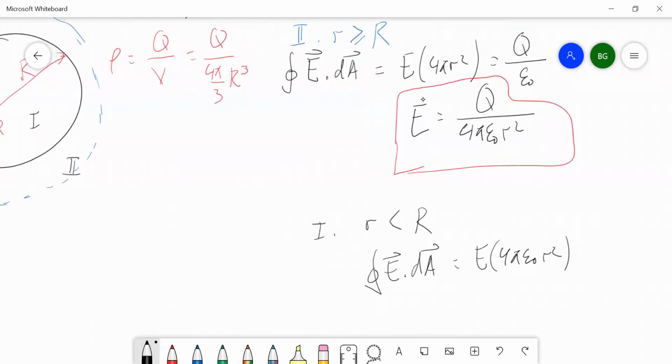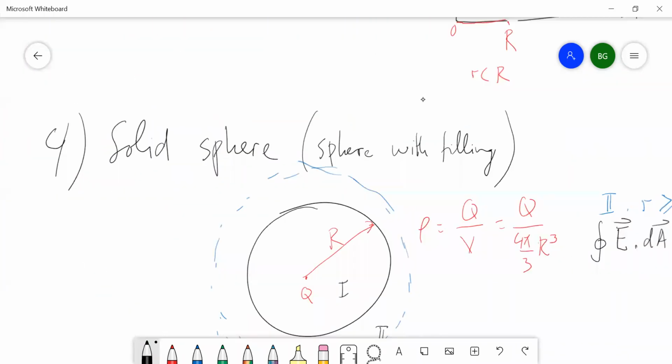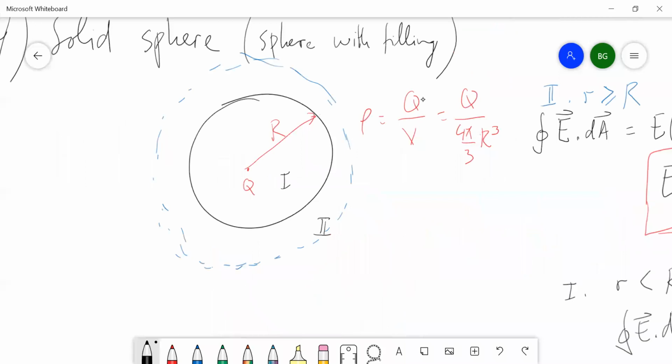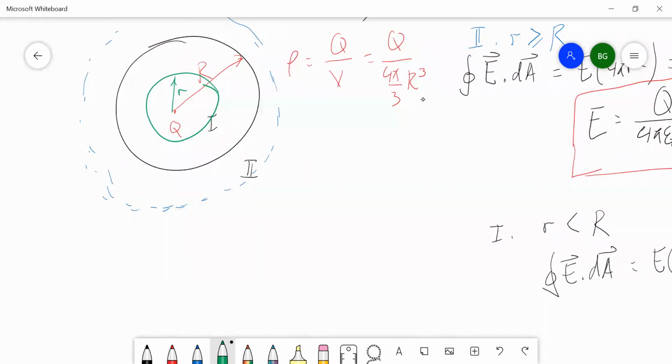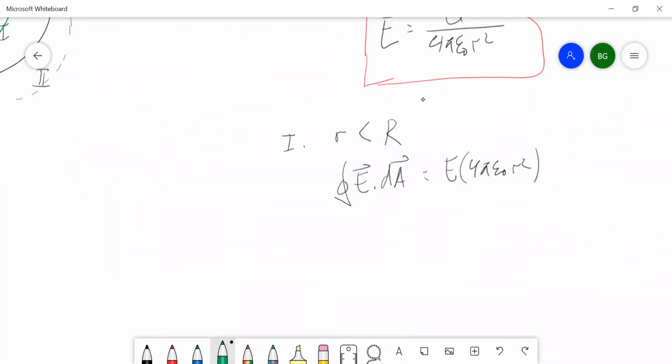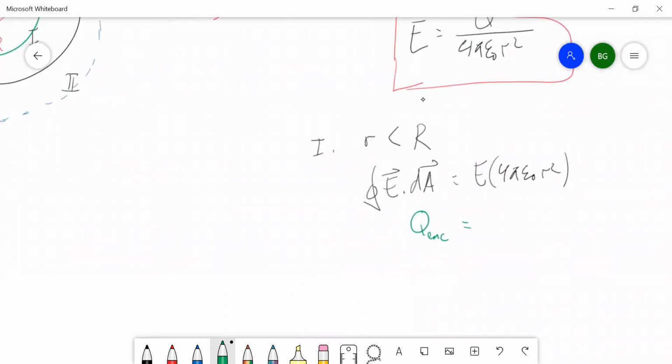Basically, we make the Gauss surface, this green one, and the radius of the Gauss surface is also r in this case. But Q enclosed here, how much do we have?